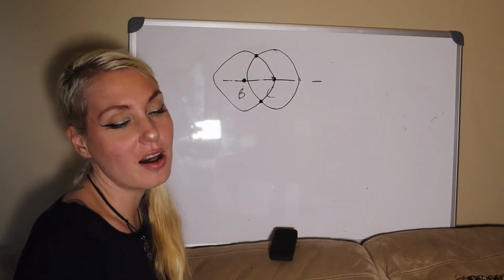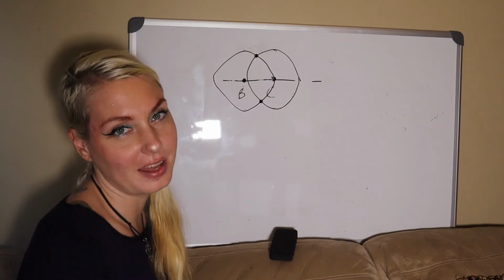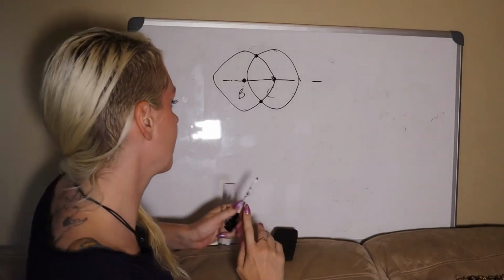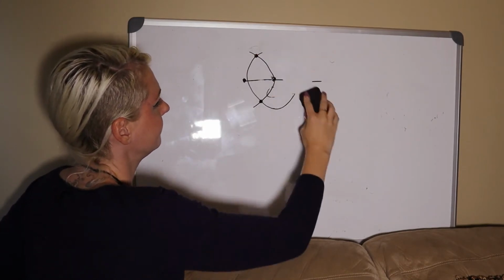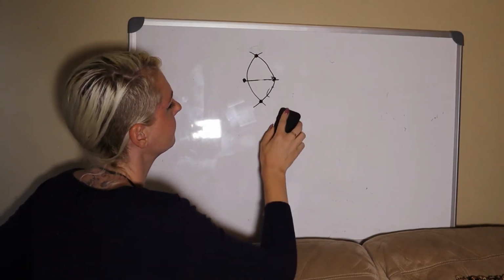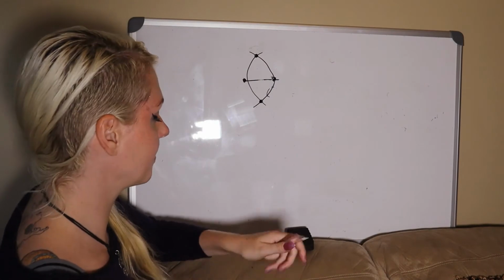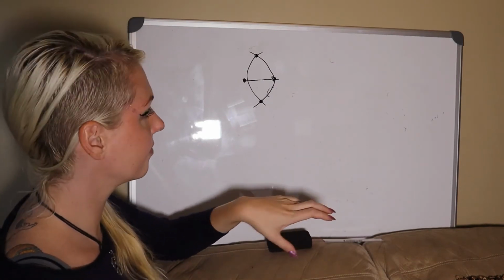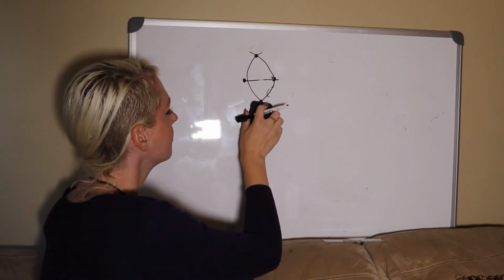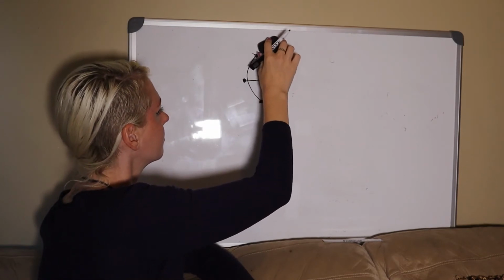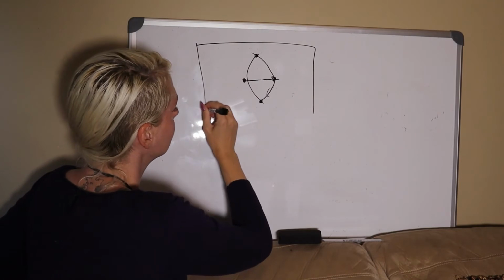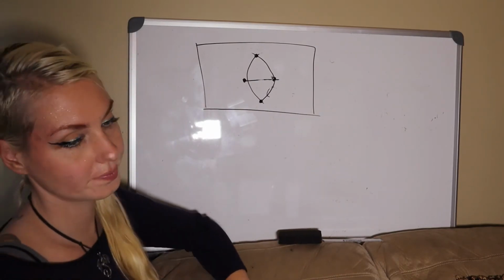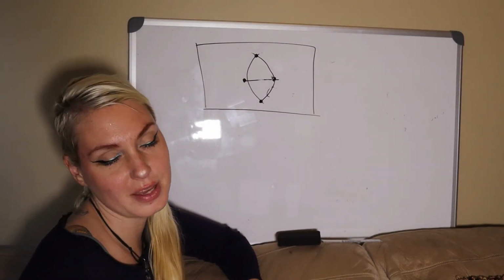I'm going to draw a box to represent the plane. So what does this mean?